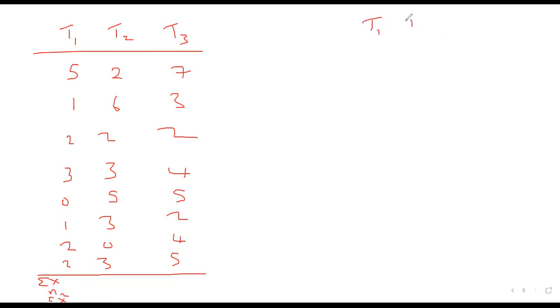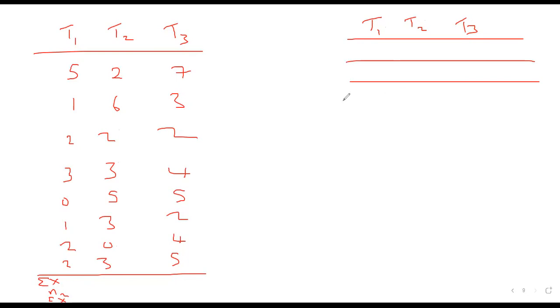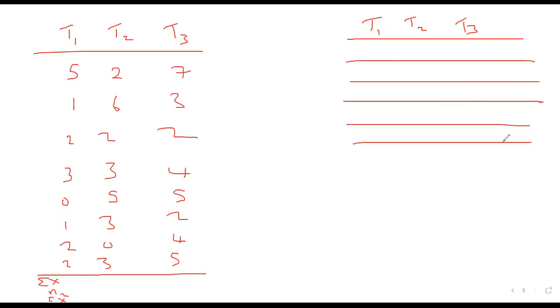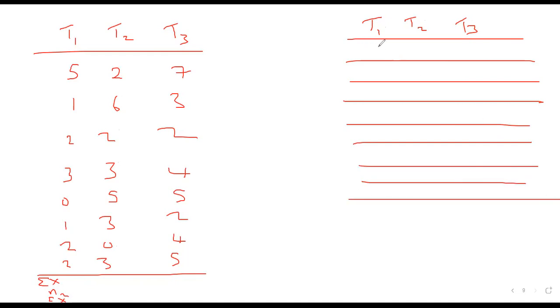Who wants to help? Column 1, what are we doing? First, what are we going to do? Count them: 1, 2, 3, 4, 5, 6, 7, 8. So this is 5, 1, 2, 3, 0, 1, 2, 2.